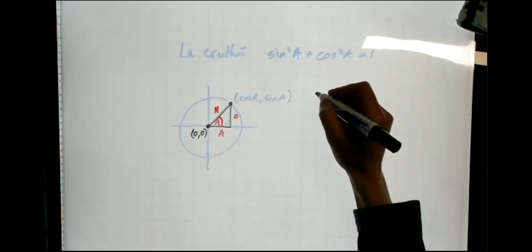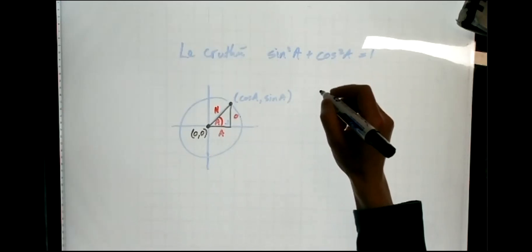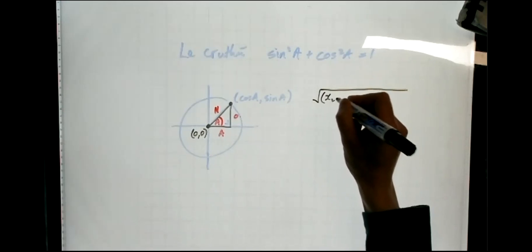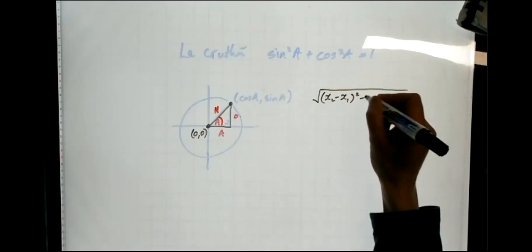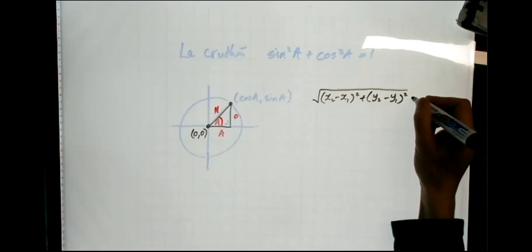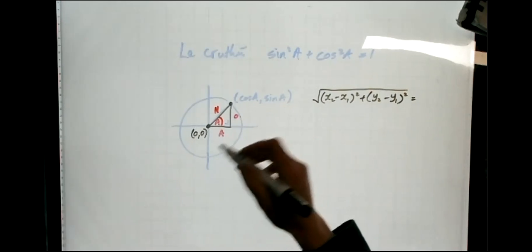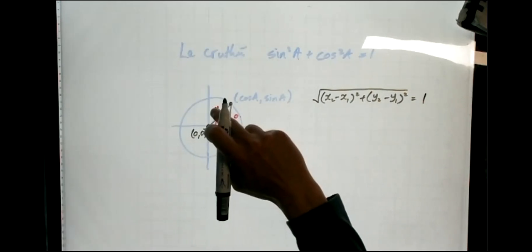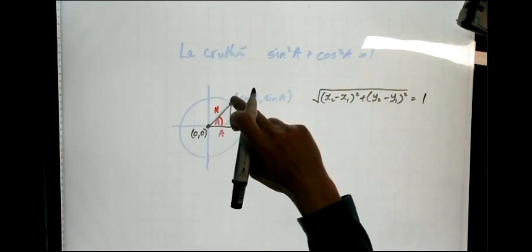But it is to go the distance formula from coordinate geometry: x2 minus x1 all squared plus y2 minus y1 all squared equals the hypotenuse. So in the end we get each of them equal to one, because it's a unit circle.